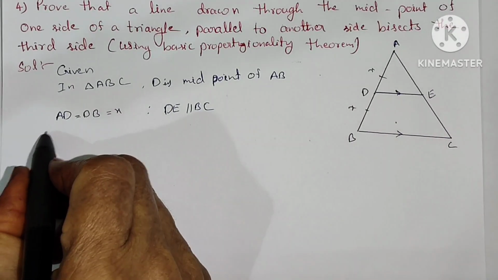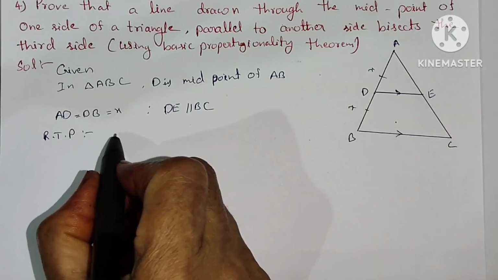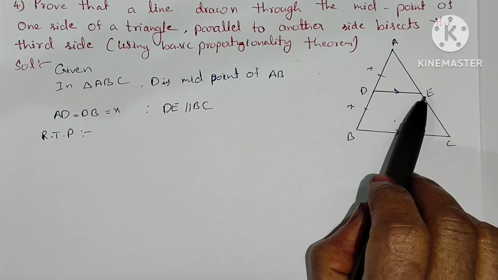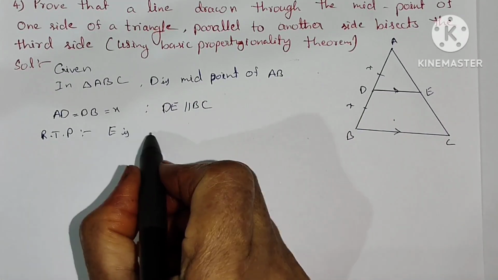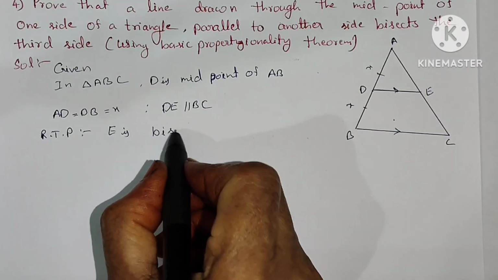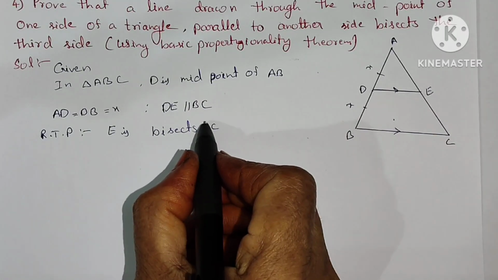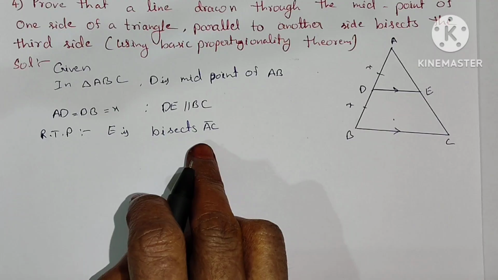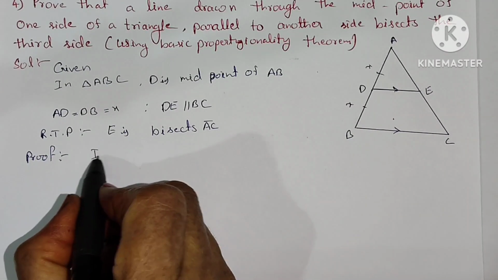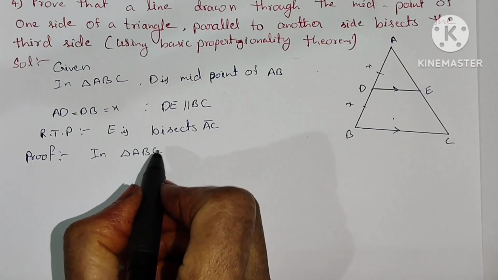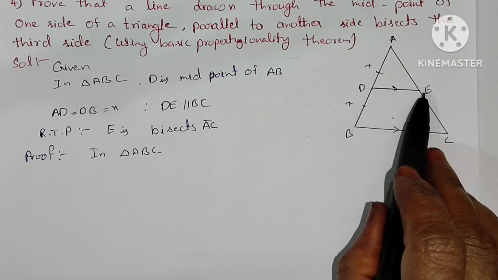Now we are required to prove that E bisects AC. Now we write the proof. In triangle ABC, BC is parallel to DE.